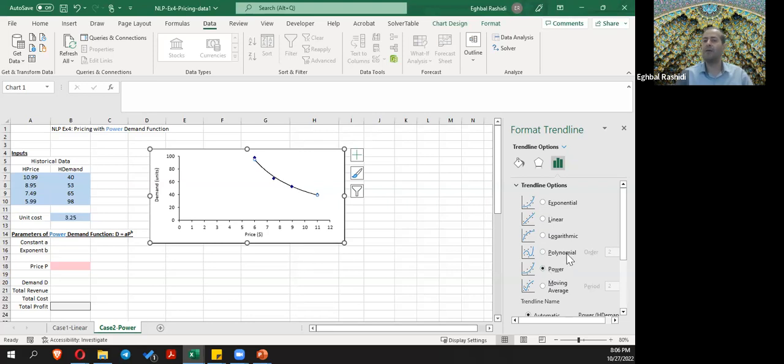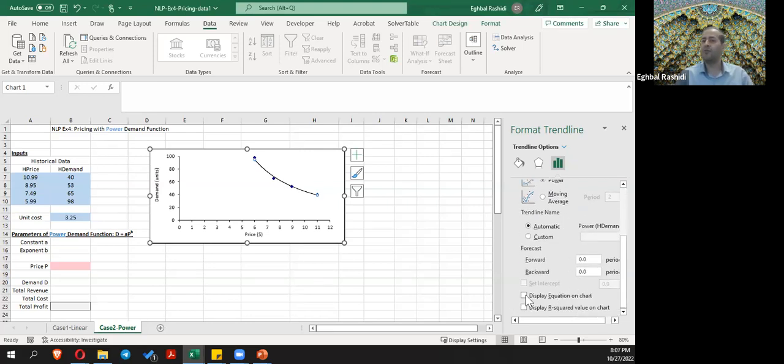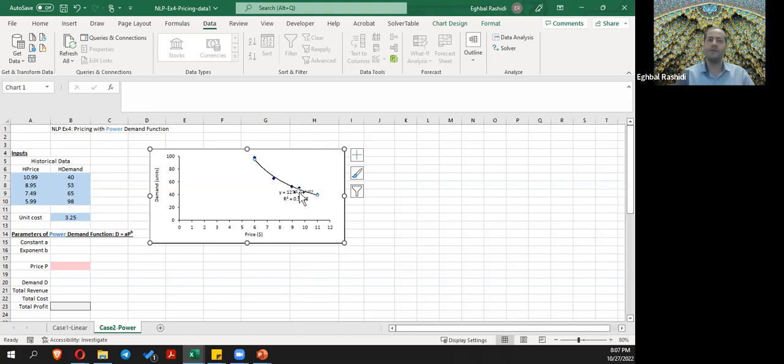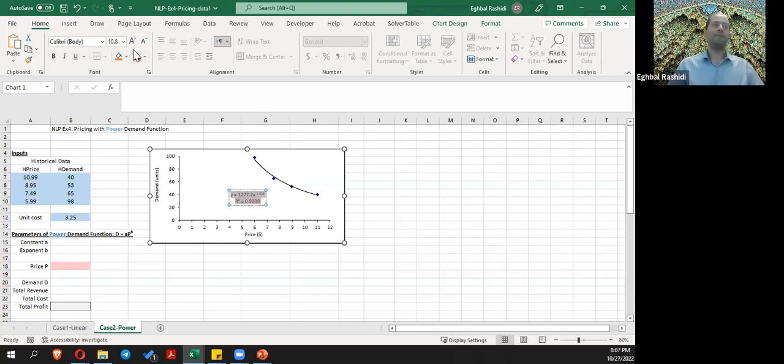I'm going to click on power, and I'm also going to ask it to display the equation on chart. We can also ask to show the R-squared value for our equation. So this is how it did it. It actually fit this line here for us, and it also shows us the equation.